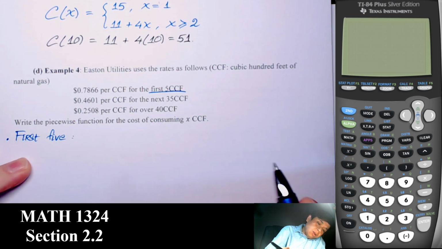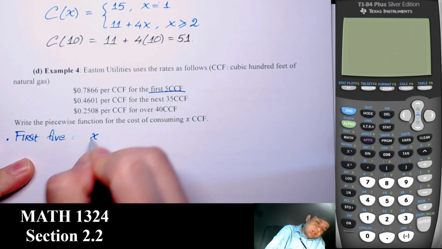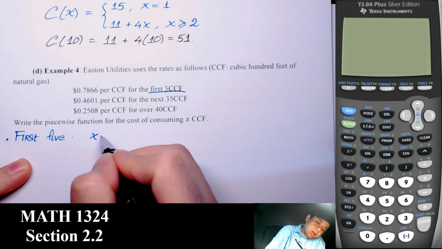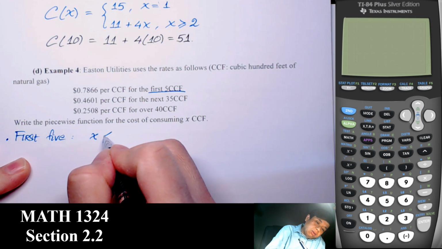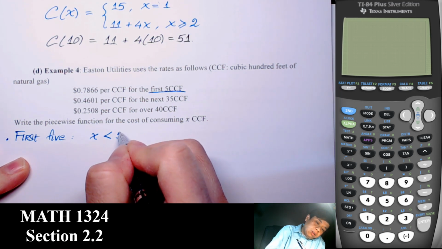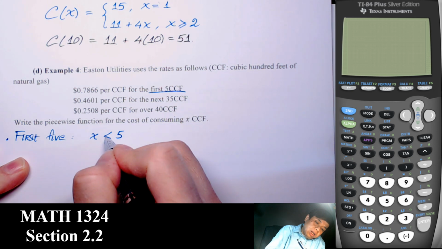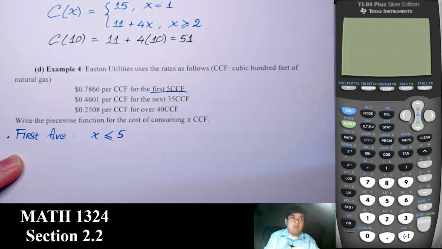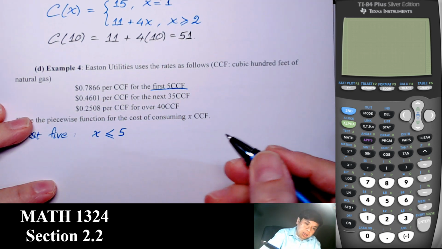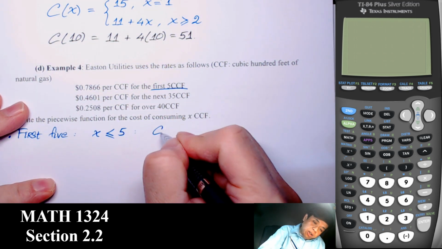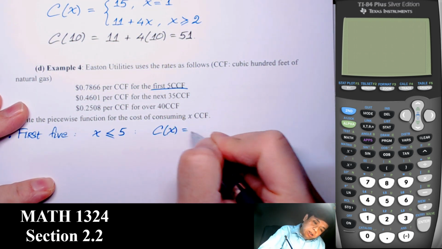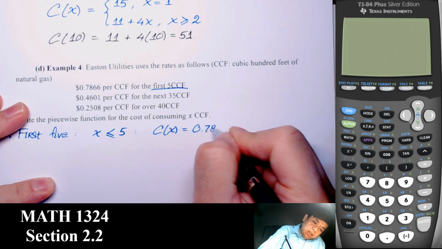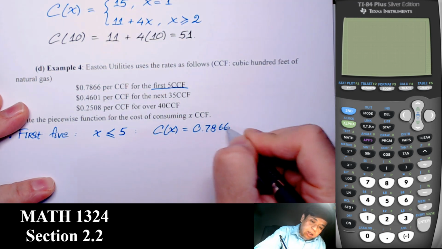Meaning that if x is the usage, it will be less than 5. Let's say we can make it equal to, that's fine. And in that case, the cost is 0.7866 times x.